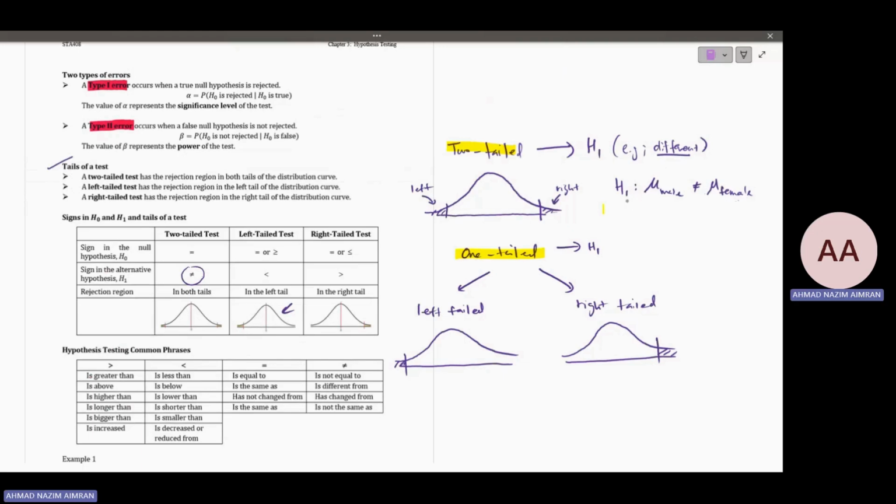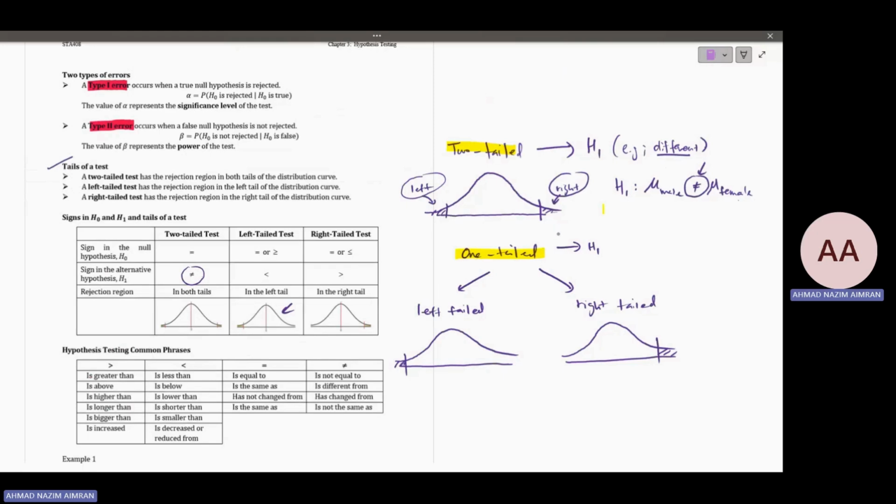For the alternative hypothesis, you must remember that what the question asks us to test is actually our alternative hypothesis. When the symbol not equal to is used, the difference can be on both sides. That is why we test at the left tail and the right tail.